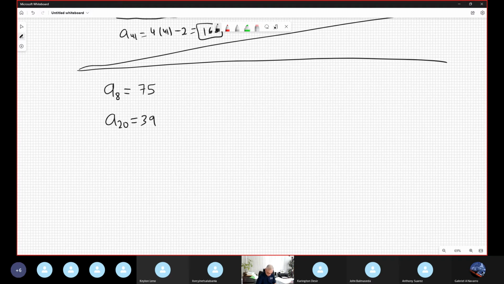My question says: find the first term, A1, find d, the common difference, and find the formula A sub n.